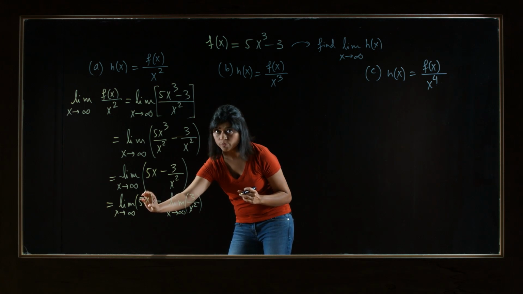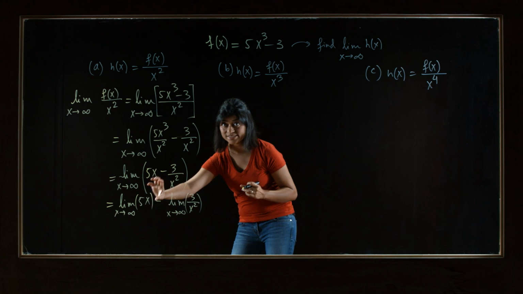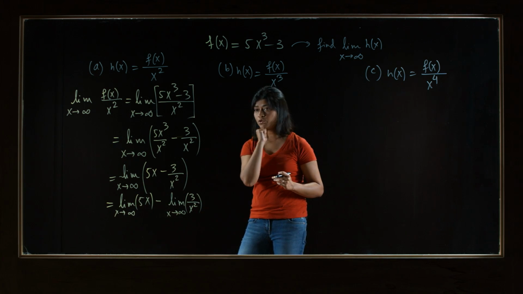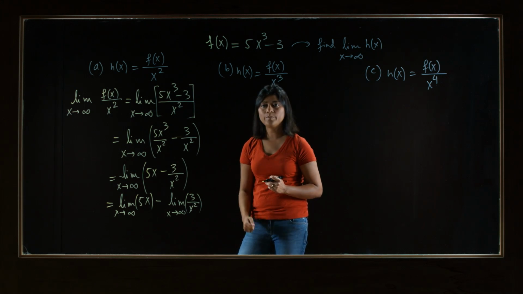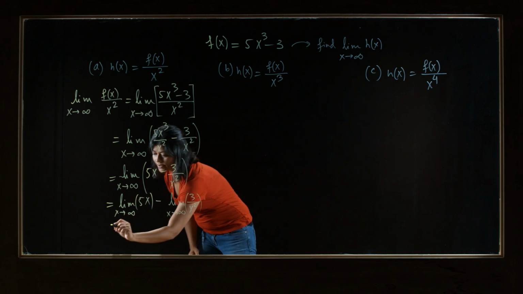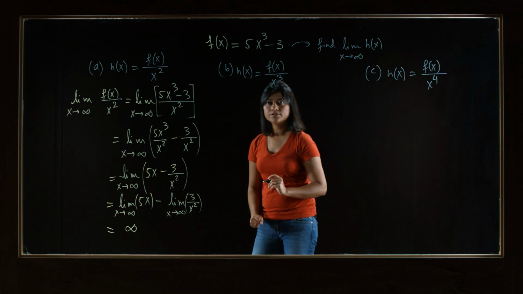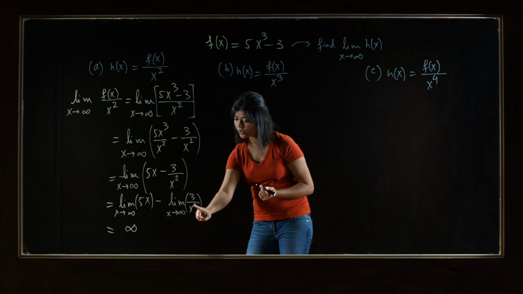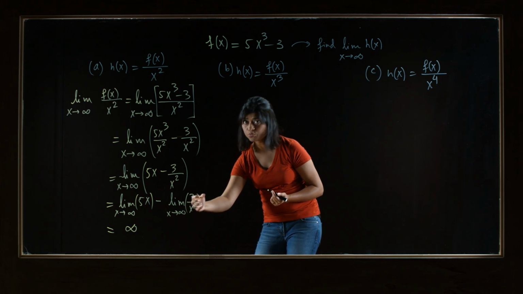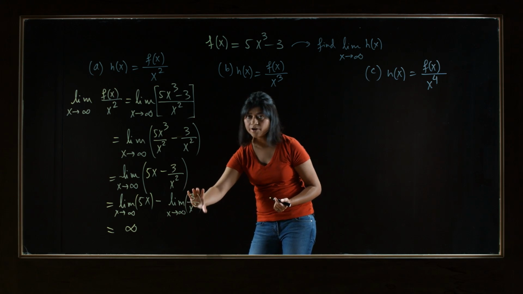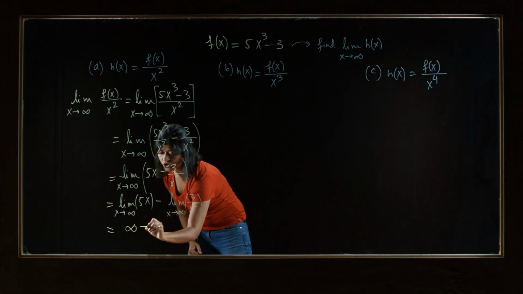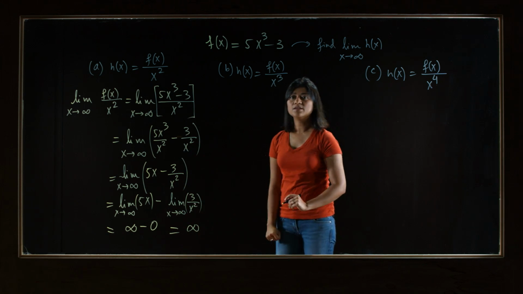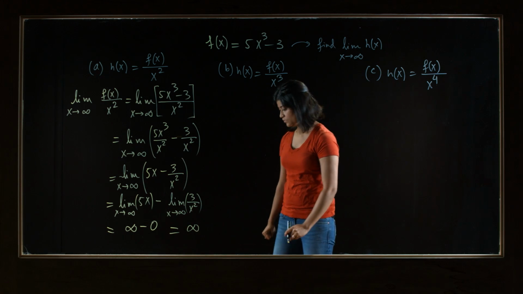So since there is no denominator, it's getting bigger as well because x is getting big, so 5x will also get big, which means the function is increasing without bound, which means that this is approaching infinity. On the other hand, for the second function, the denominator will be getting bigger and therefore the entire function will be getting smaller. And so this is just 0. And this means that the limit is infinity. Okay?